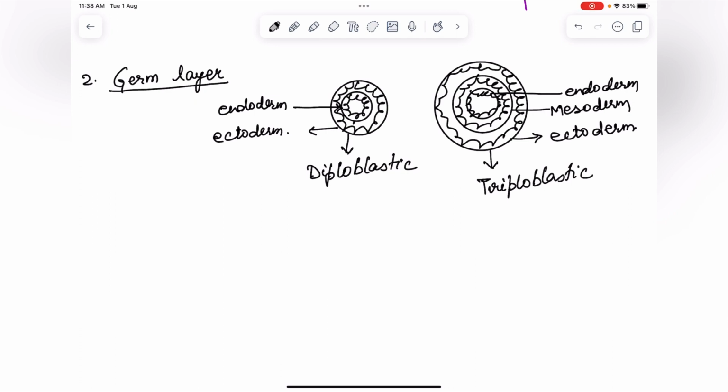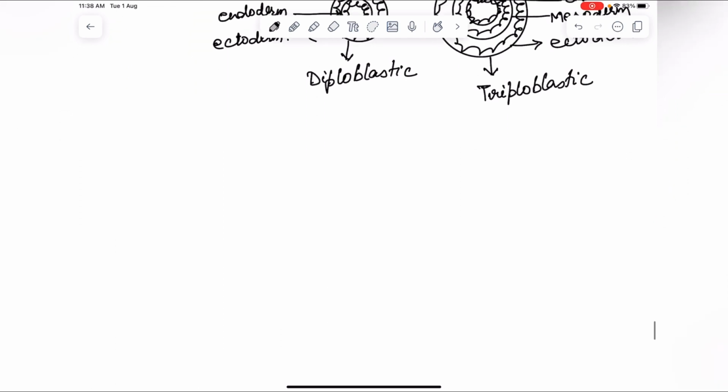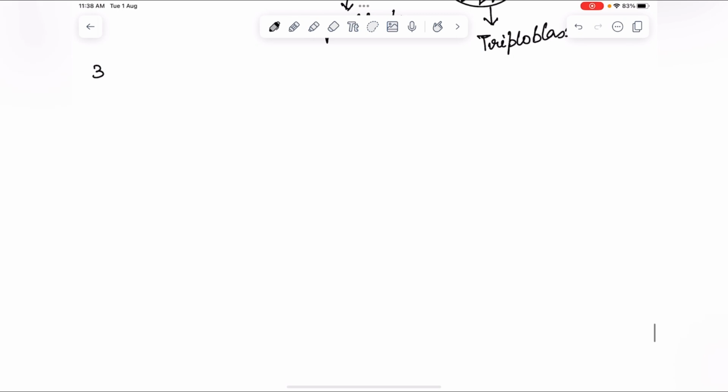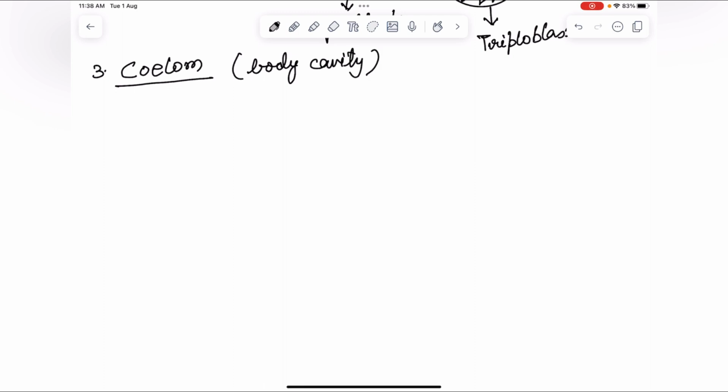So next is coelom. The third is coelom. What is coelom? Coelom means body cavity.